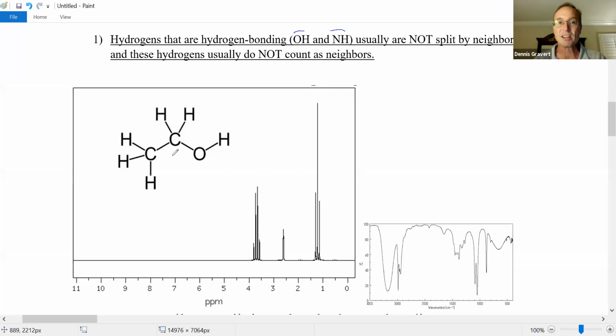We have ethanol here, and there's the NMR spectrum of ethanol. How do you know? Well, take a look at the scale. It's around 10, and it's going backwards from 0 on the right. It increases. That's characteristic of, well, gosh, IR's down here.